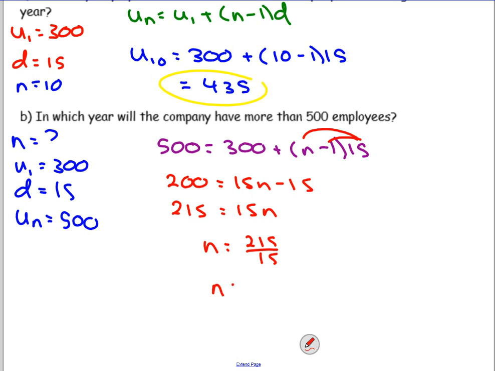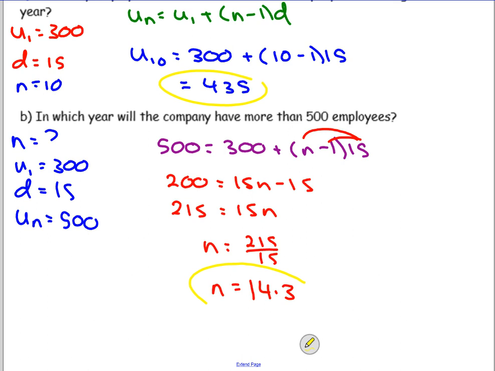Does anyone have an answer for n? It's a decimal. I got 14.3. That could be wrong. Sometimes I don't mind if you have an unrounded answer.